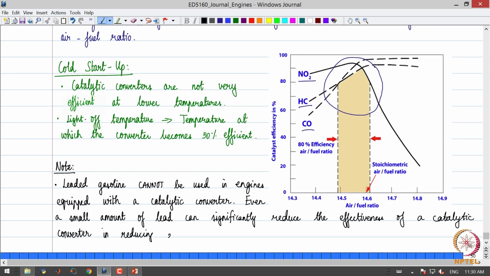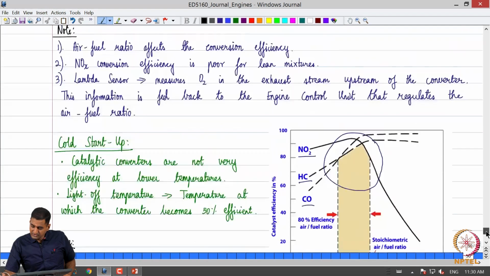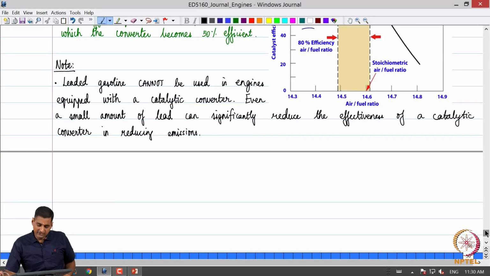Essentially, this is one more reason why we need to use unleaded gasoline in vehicles where we have a catalytic converter. So, catalytic converters play a very critical role today in reducing the engine exhaust emissions, right.